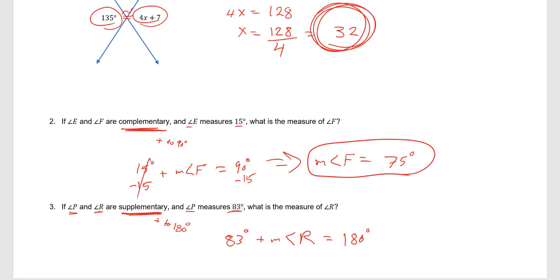So subtract 83 from both sides. The measure of angle R equals 180 minus 83, which is equal to 97 degrees.